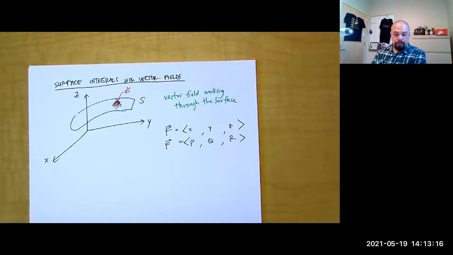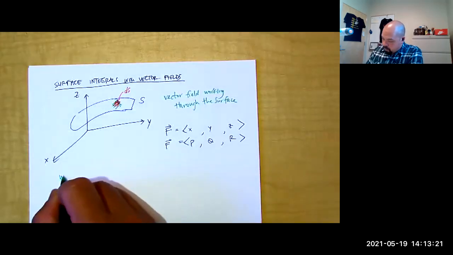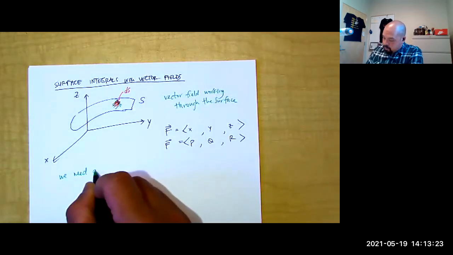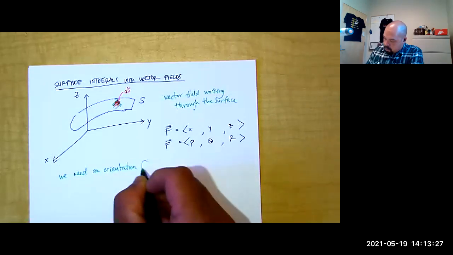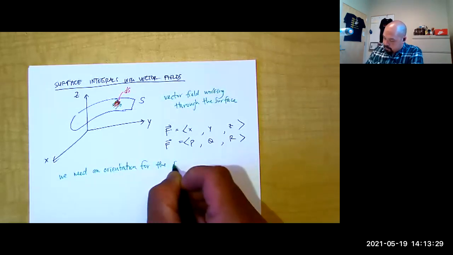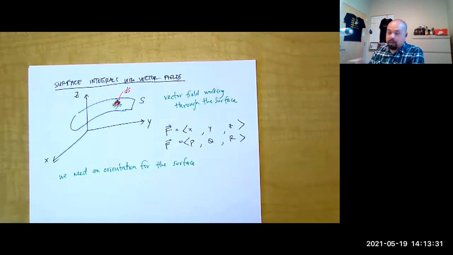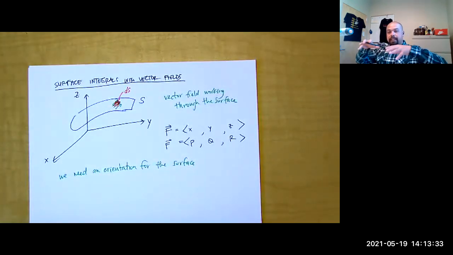When we go through, we need an orientation for that surface. We know, okay, which direction is that surface kind of oriented facing, if you will, that we're identifying.